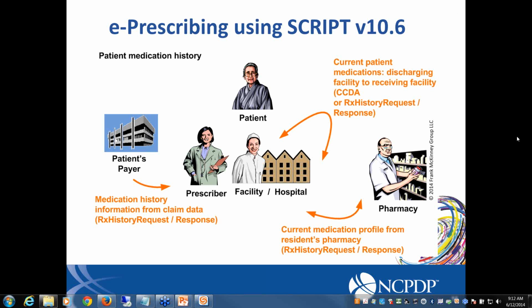And this would be done in the event of a discharge from one facility and an admission into another facility, where the discharging facility can share the medication profile for a patient directly to the admitting facility. Next slide, please.